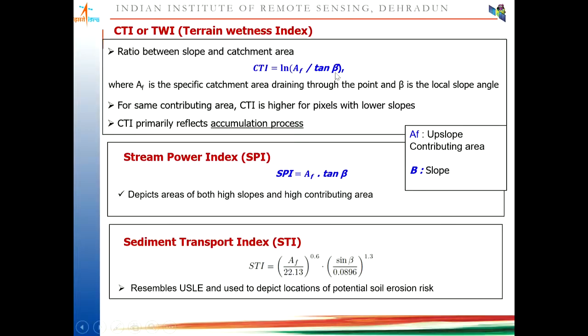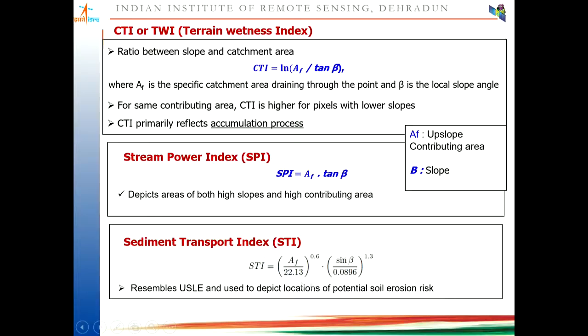So the tangent of slope can be used; this simple equation converts to your TWI. The stream power index is a function of AF into tan beta. And third is the sediment transport index, whose formula is AF, the flow accumulation area, divided by 22.13 to the power 0.6, multiplied by sine beta, or sine theta, the slope, divided by 0.0896 to the power 1.3.